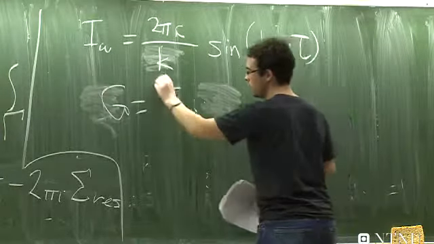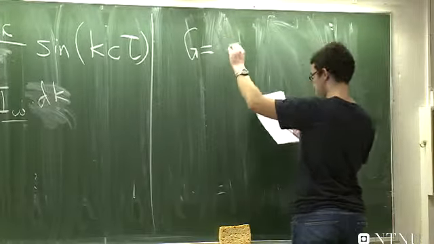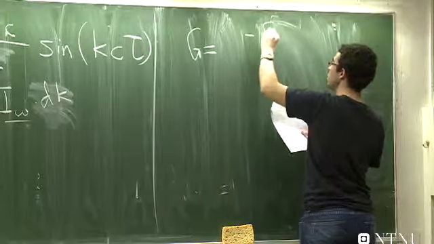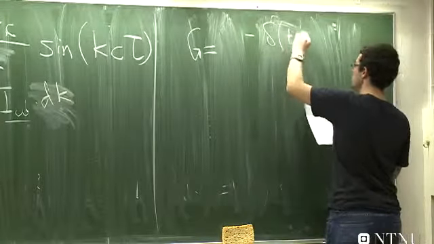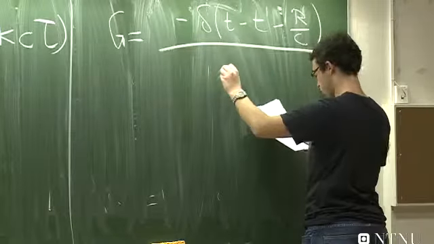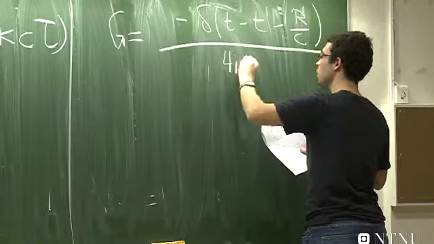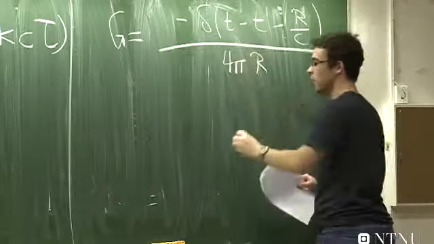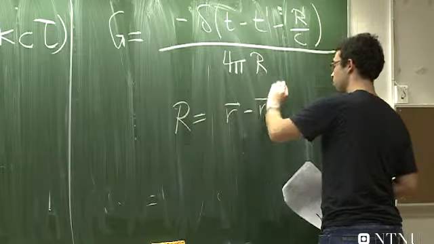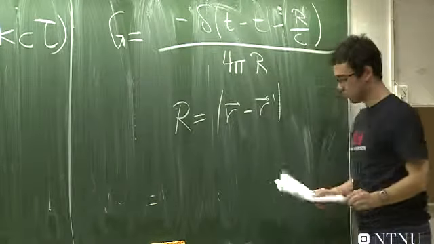And finally, we find that the Green's function must be the following. It's minus the delta of t minus t prime minus r over c divided by 4 pi r. And as before, r is equal to r minus r prime, length of that vector.